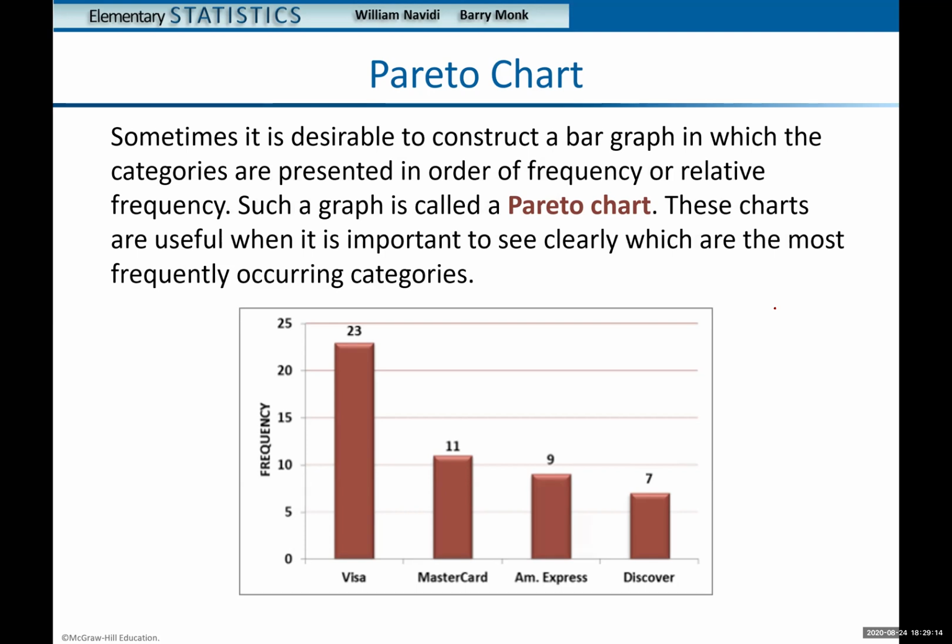Since your highest is Visa, the next one is MasterCard with 11, American Express 9, and Discover 7. So that is what we call the Pareto chart. It shows the most frequently occurring categories.